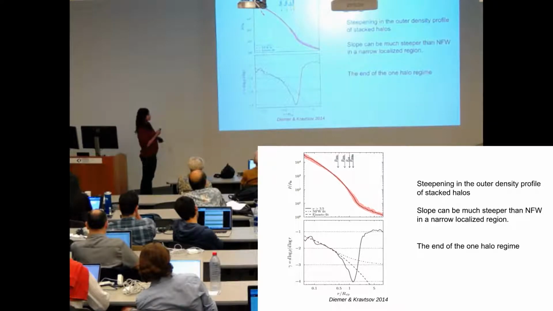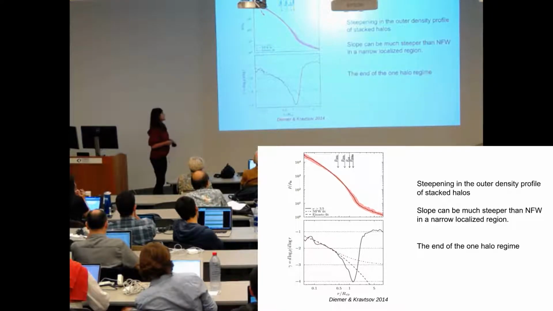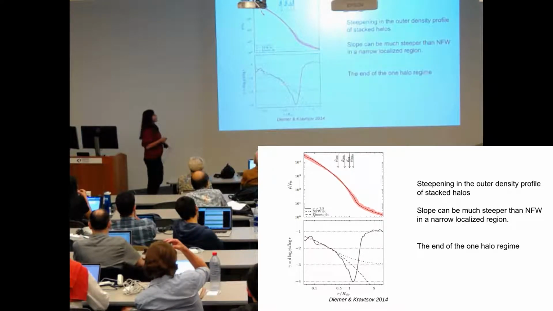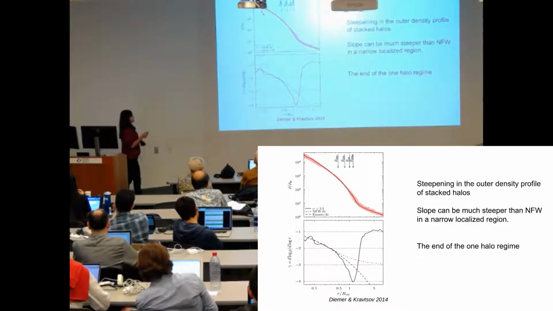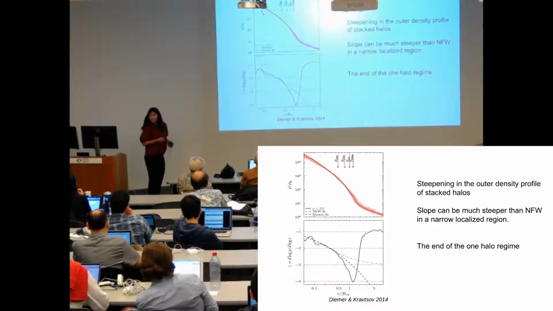This is actually a stacked profile of dark matter halos, and in the bottom plot, what we're plotting is the slope of the density profile versus the radius scaled by the virial radius. And what they found is that the density profile of the halo becomes very steep in a very narrow localized region near the outskirts of the halo. In fact, it can become much steeper than what we conventionally think the NFW profile should be asymptoting to.